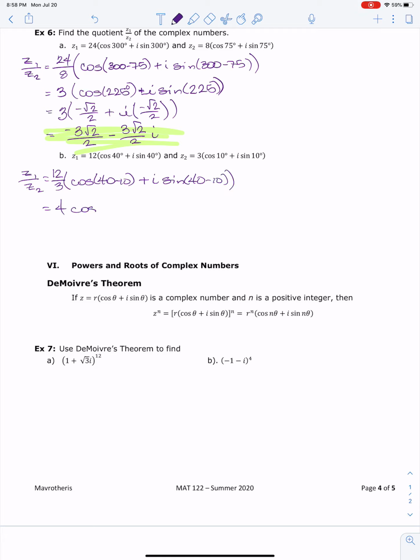That's 4 times the cosine of 30, and I can multiply this through, plus 4i times the sine of 30. Cosine of 30 is square root of 3 over 2, so I've got 4 square roots of 3 over 2, plus 4i times the sine of 30, which is 1/2, which gives me 2 square roots of 3 plus 2i.